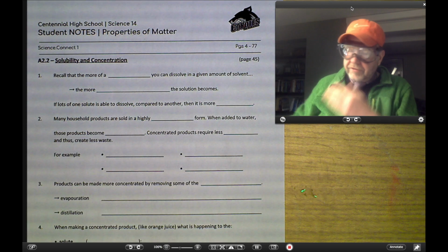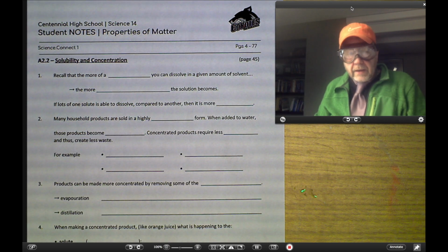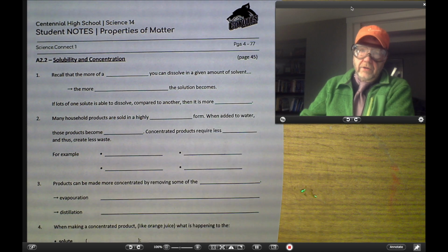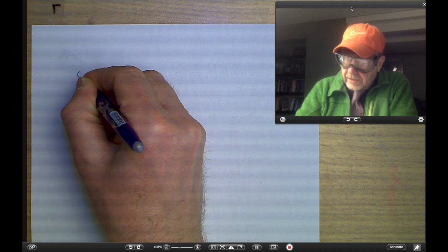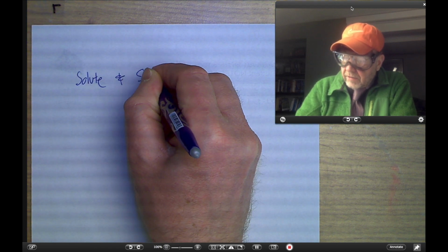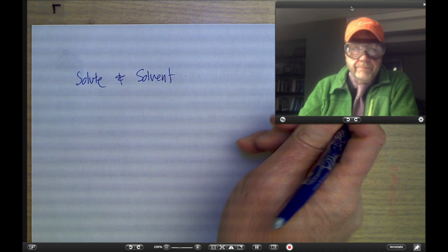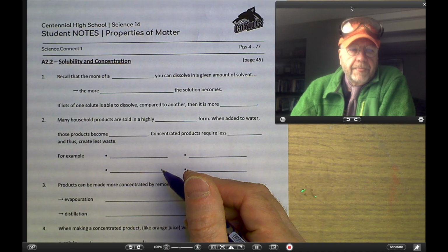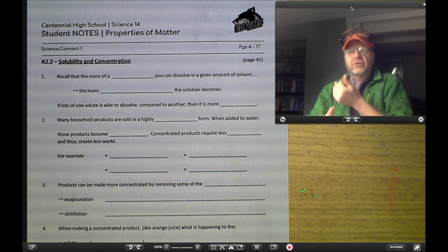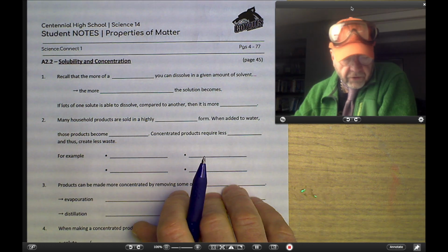All right, so solubility and concentration. 2 words that you're going to have to get your heads around. If you look on the back, there's room for you to write some notes. The 2 ideas you need to know and remember and love are solute and solvent. Think back to when I added salt to the water and we made ice cream or frozen yogurt.